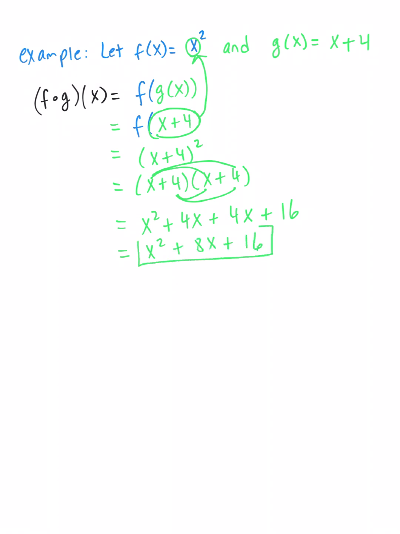It's so important that you remember to FOIL anytime you see this right here, x plus 4 squared. You need to not just square the x and the 4, but make sure that you FOIL and get that 8x in the middle. Now, let's also do g of f of x.